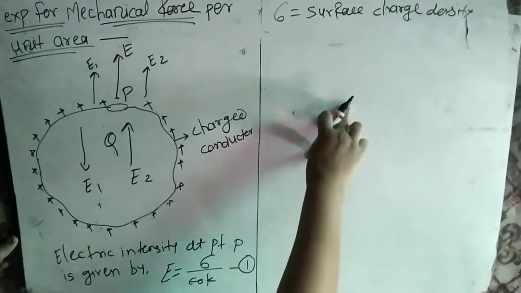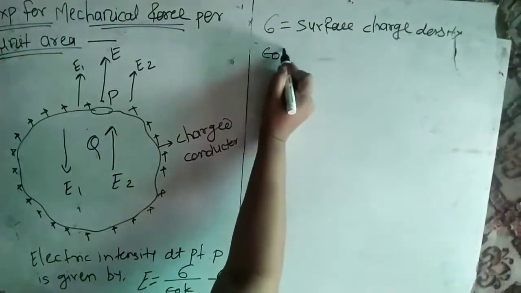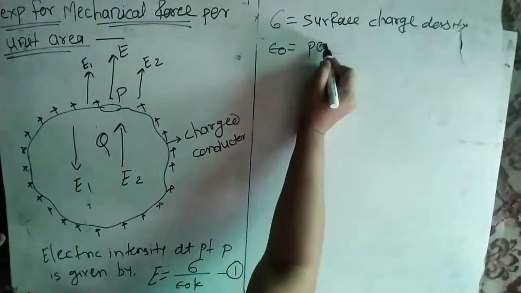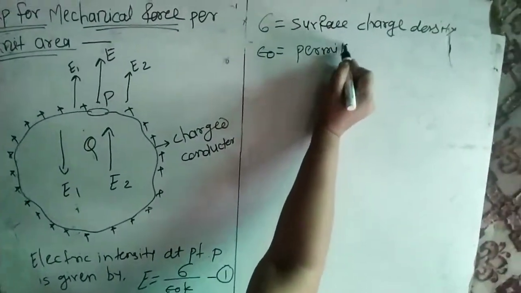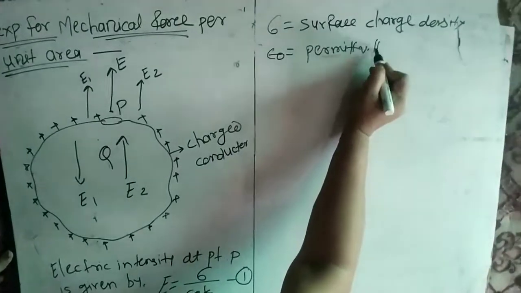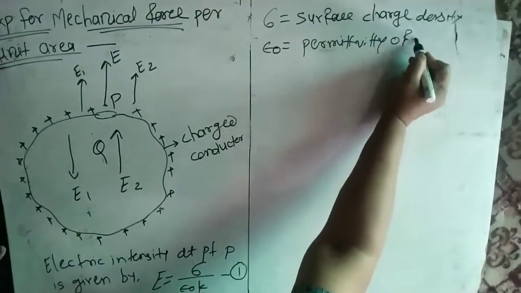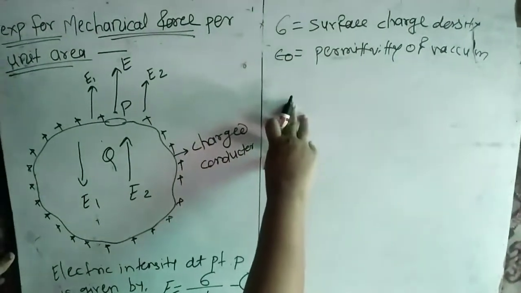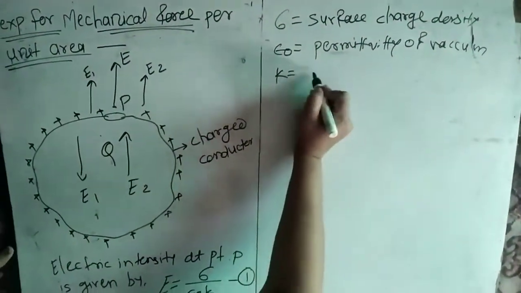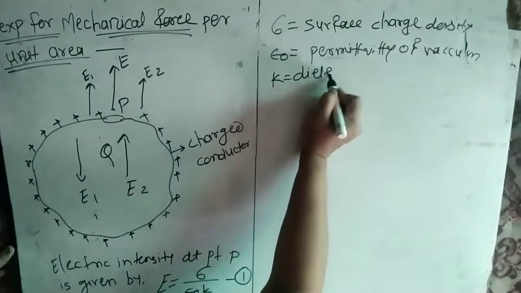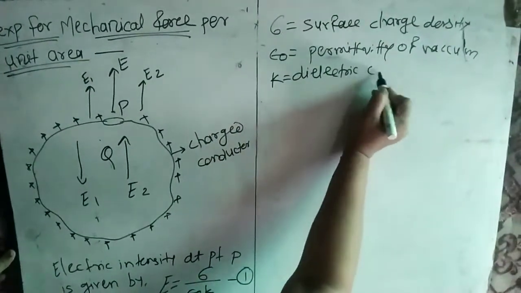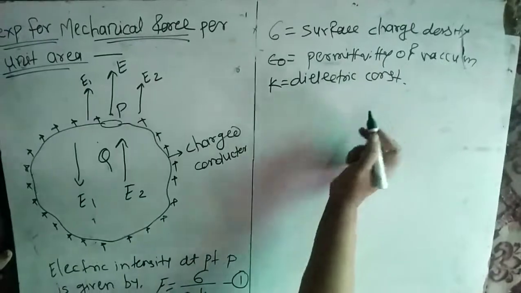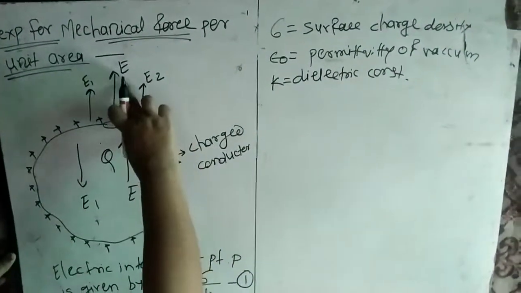Epsilon 0 means permittivity of vacuum. Now, k means what? Dielectric constant.